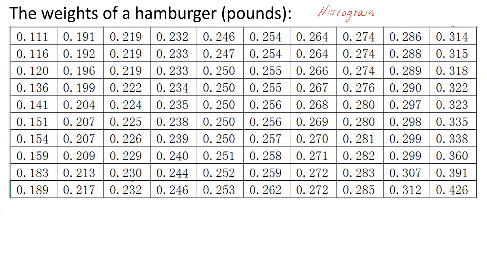So here, I'll just make a very quick introduction to histogram. First of all, we list all the 100 sample points here, and then we calculate the range of the data points, which is the maximum value minus the minimum value, which is 0.426 minus 0.111, which is 0.315.